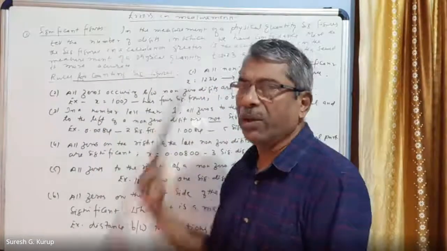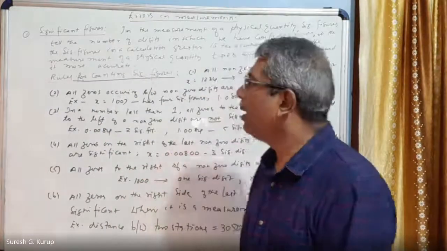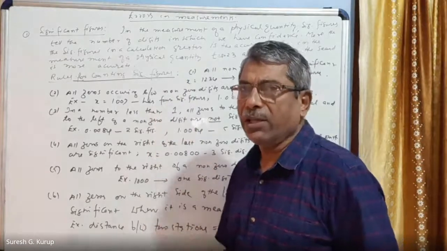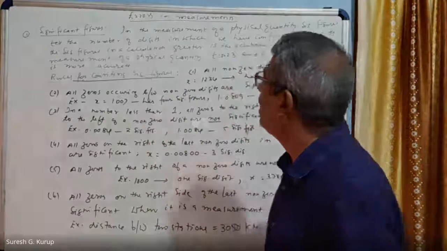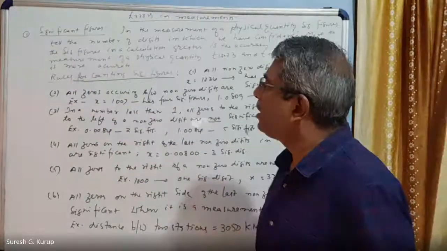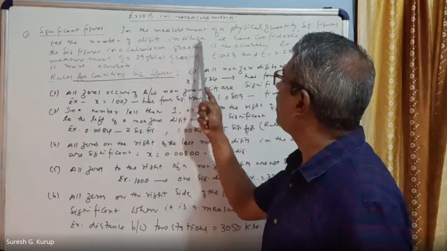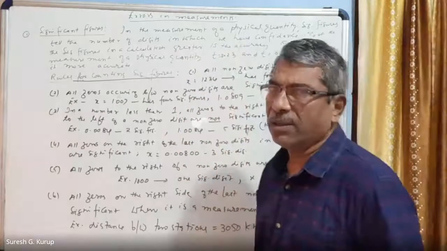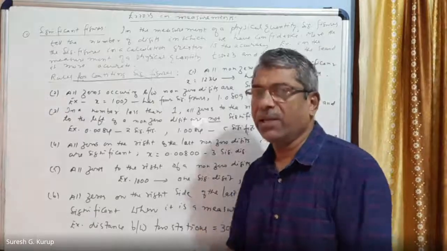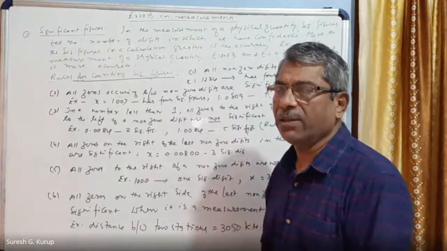It is written here. You can also write the notes. Repeat, rewind, and watch this video again and again, right? The significant digit tells us the number of digits in which we have confidence. We did a calculation and we write certain digits as the final result.